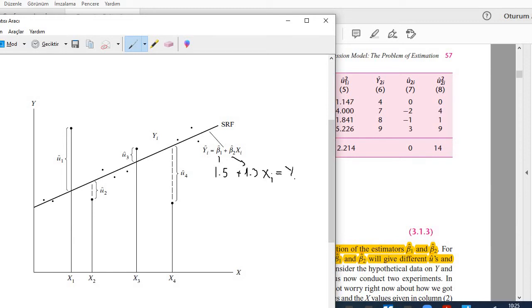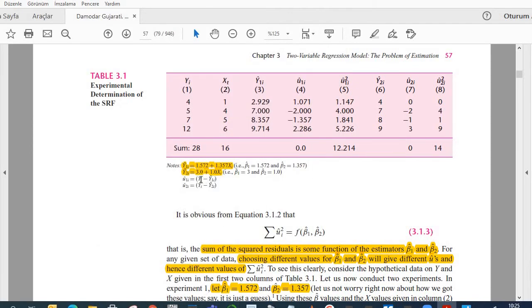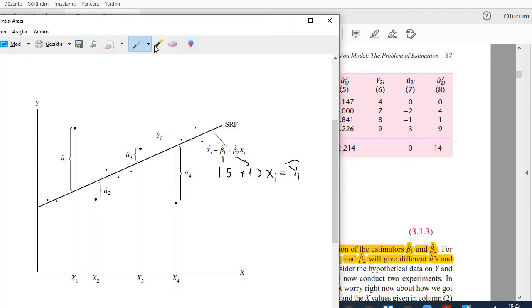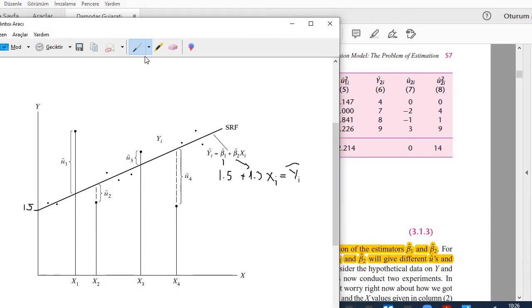The other one is 3 plus 1 x_i. This one is starting from 1.5, and the other one is starting from 3.